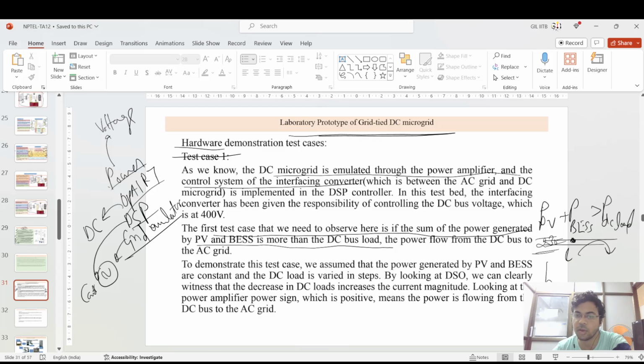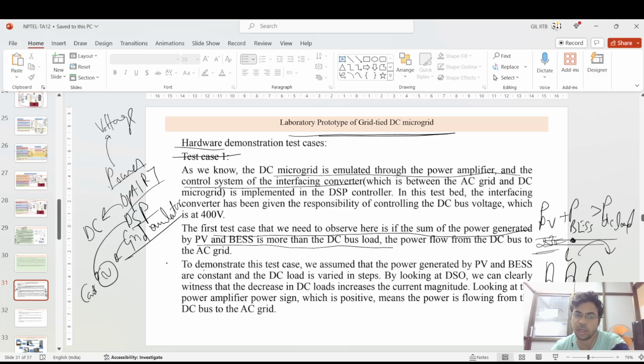So the extra current which is generated should be fed to the grid. Suppose this is the current level when the generation is low. If the load is reduced, this current will move to a higher level into the grid system, because it is generating higher and less load is connected in the DC.